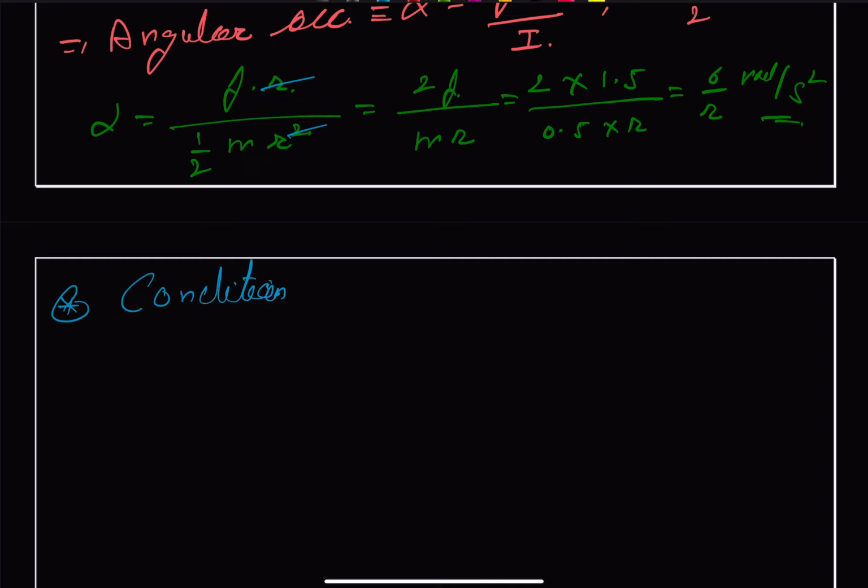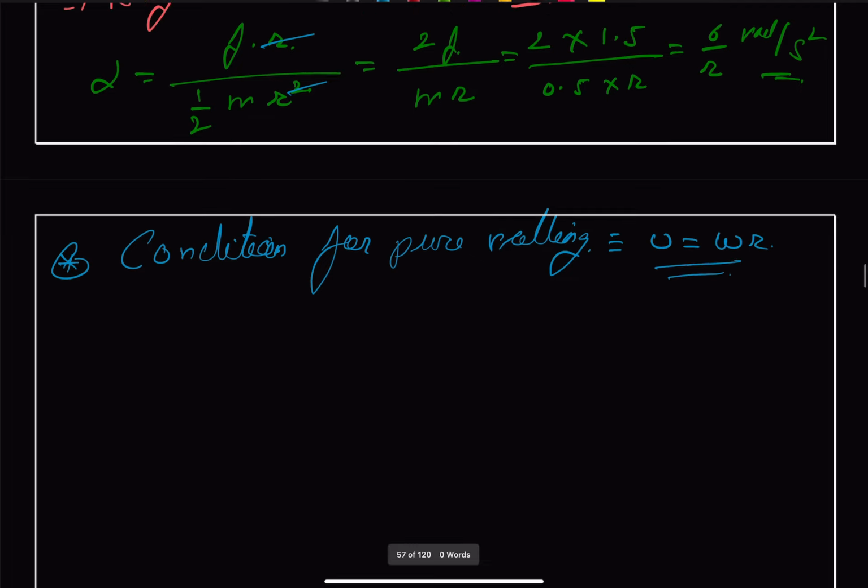Condition for pure rolling, and for pure rolling we can write that V is equal to omega times R, and here V is the velocity of the center of mass.